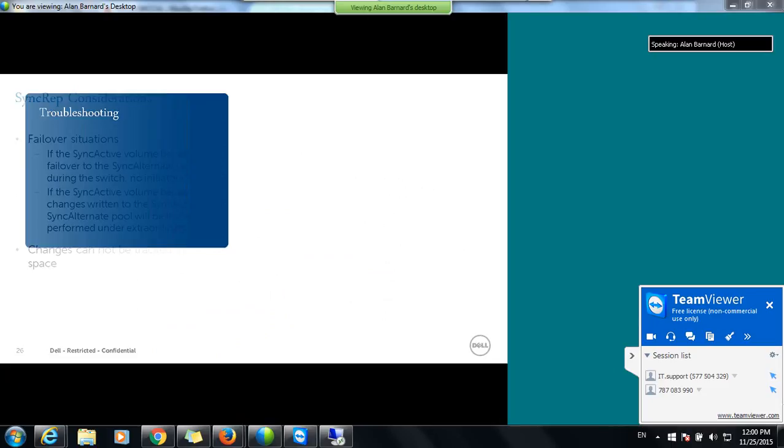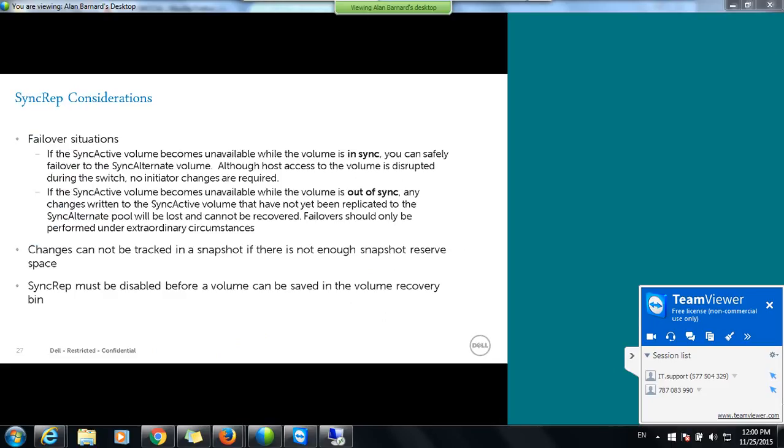Now this is a troubleshooting part. You have a failover situation. If the sync active volume becomes unavailable while the volume is in sync, you can safely fail over to the sync alternate volume. Although host access to the volume is disrupted during the switch, no initiator changes are required. What that means: you have a volume sitting on your default pool, and your sync rep volume sitting on your sales pool as per the previous example.